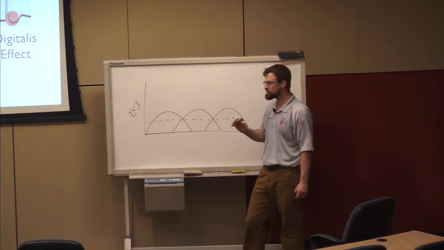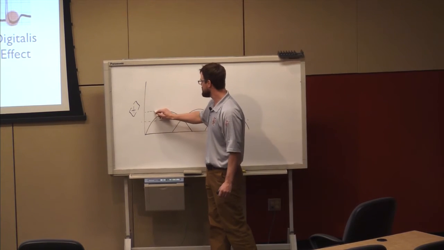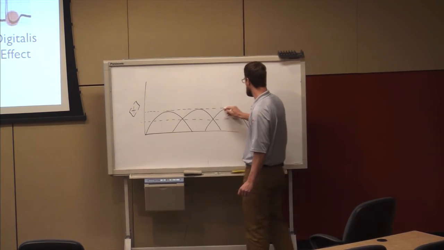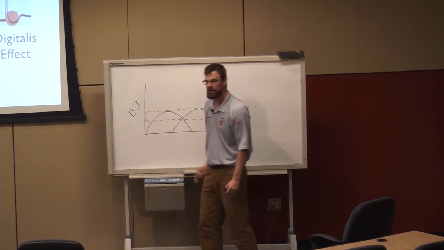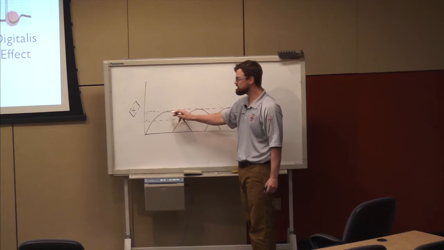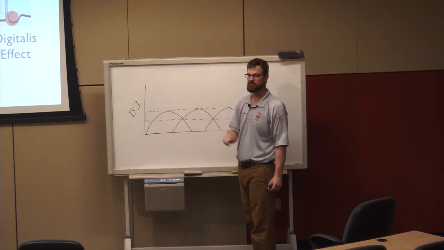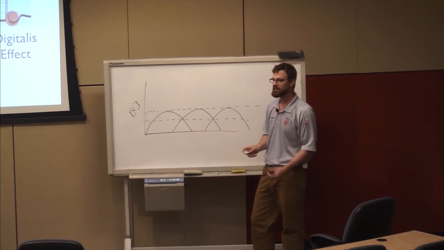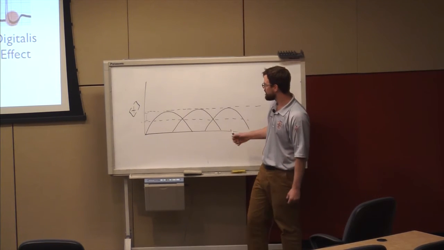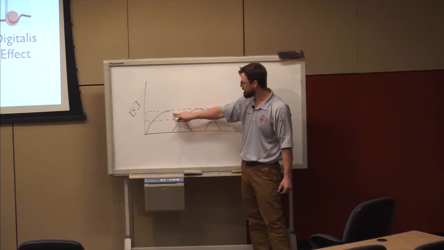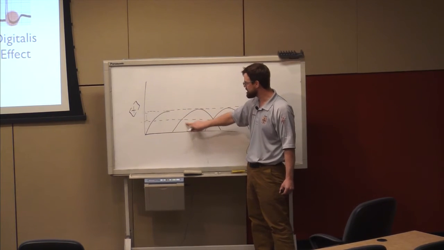The problem with digoxin is that my toxic level hovers right above my therapeutic level. So I have a narrow therapeutic window, okay? So too much digoxin, and now I'm dig-toxic, okay? So I can either eat a bunch of digoxin and get dig-toxic, or I can alter the rate that I eliminate it, which is through my kidneys.